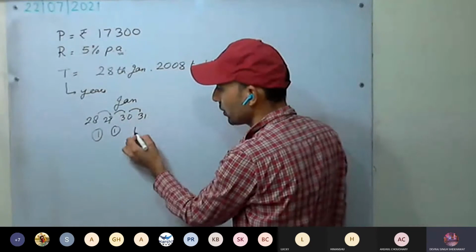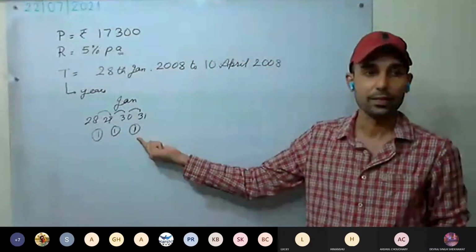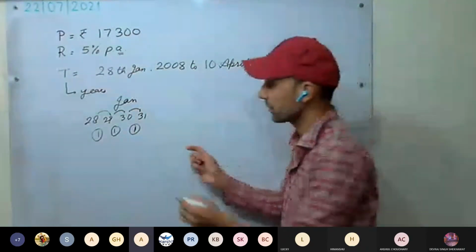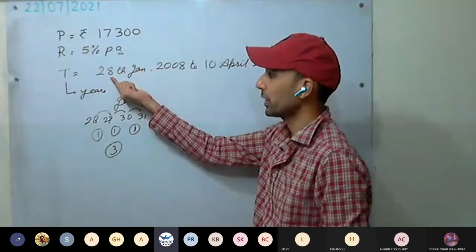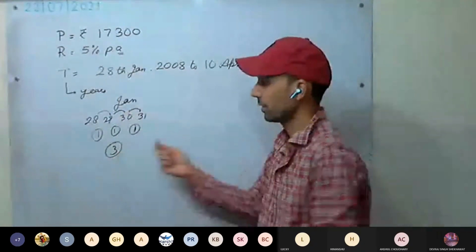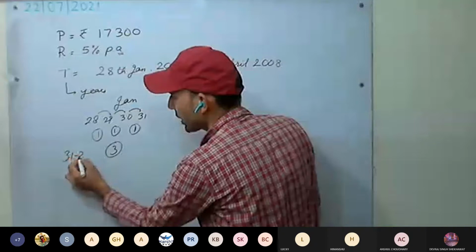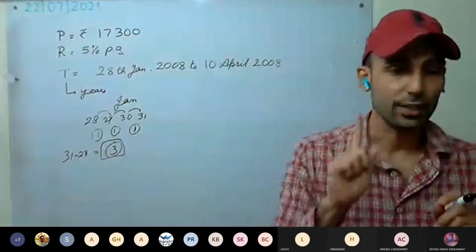And on 31, 1 day. January has 31 days, and it was lent on 28. So 31 minus 28 is 3 days.